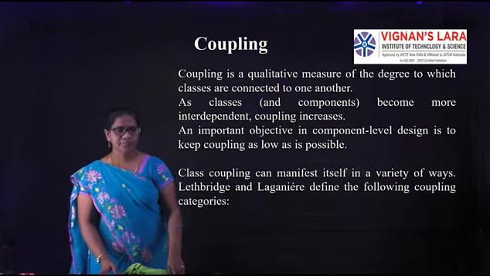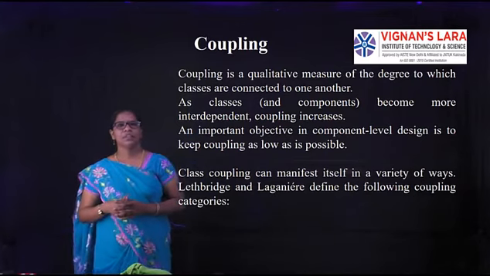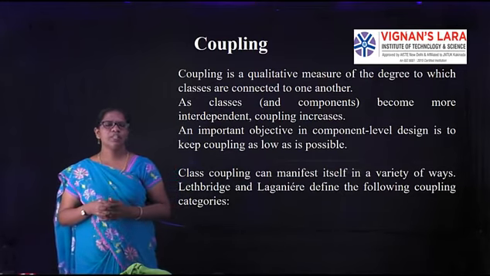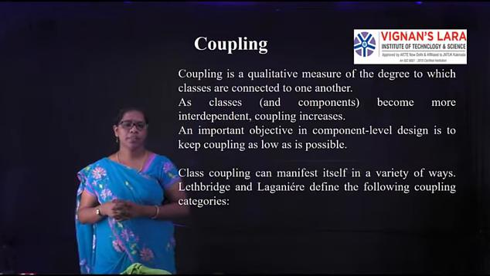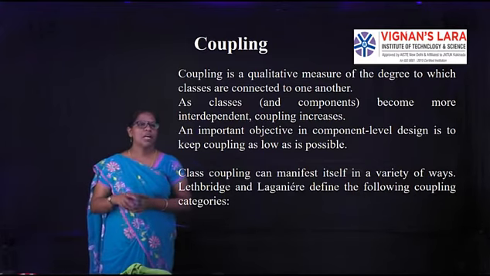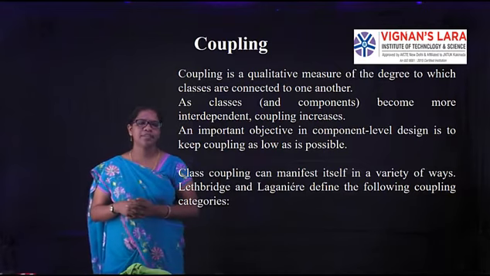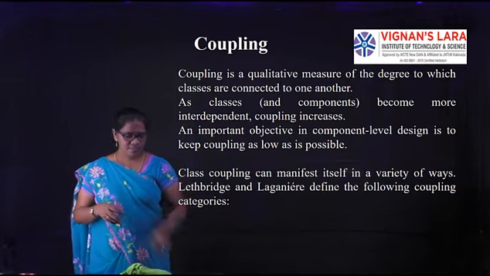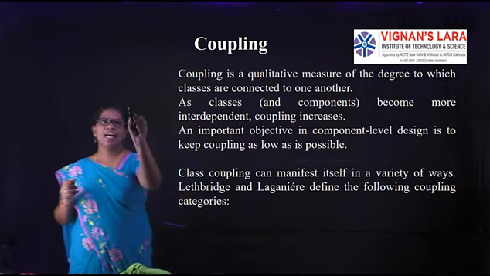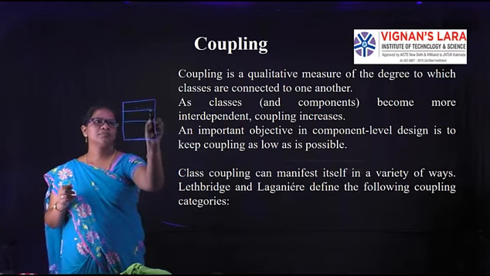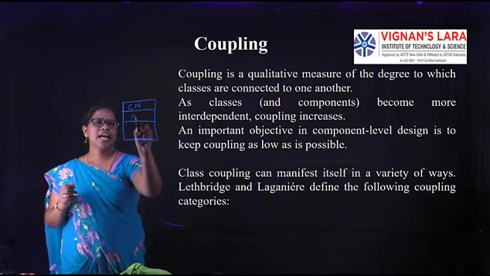And next, coming to coupling. In component-level design, coupling is a subtopic. So what is coupling? Coupling is a qualitative measure of the degree to which classes are connected to one another. How do we represent a class? A class diagram is represented in a rectangular box having three parts: the first is the class name, the second is the attributes, and the third is the operations.